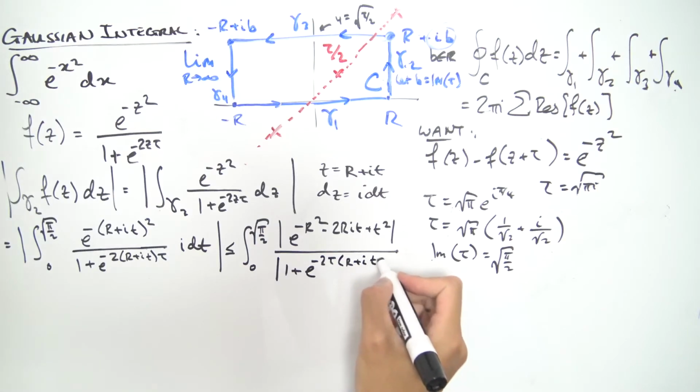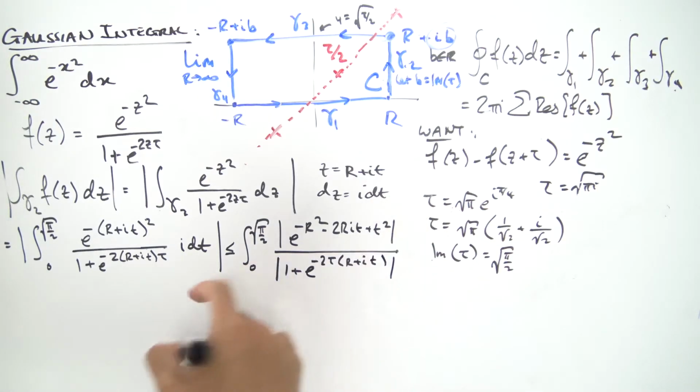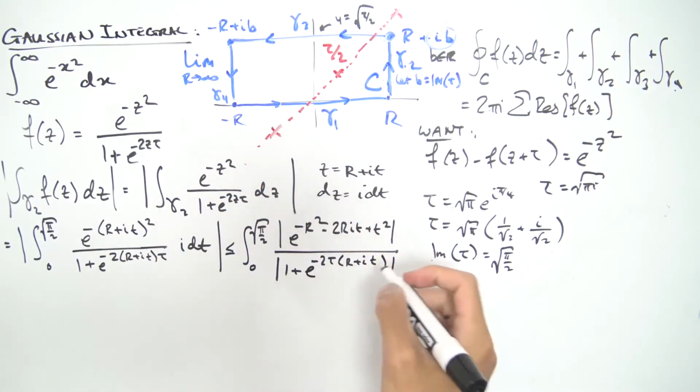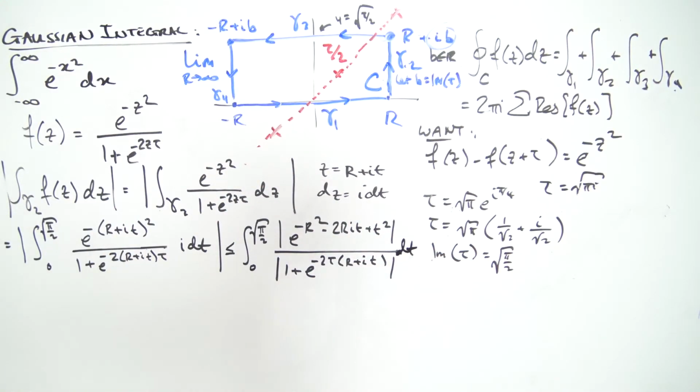We'll worry about what this denominator will turn out being equal to later on. The absolute value of i is 1, and we're just left with a dt.